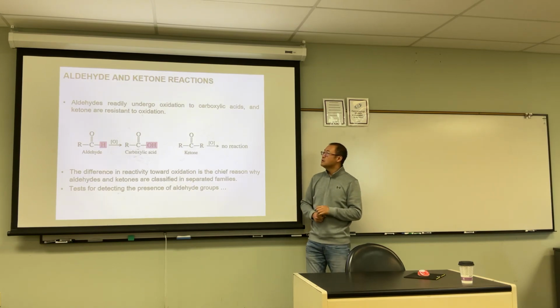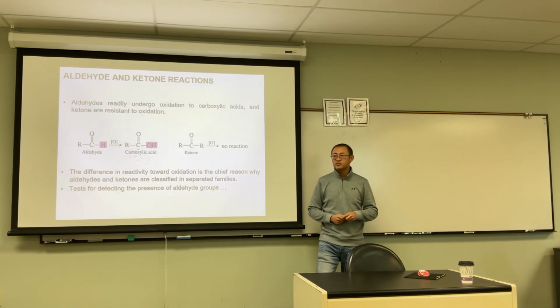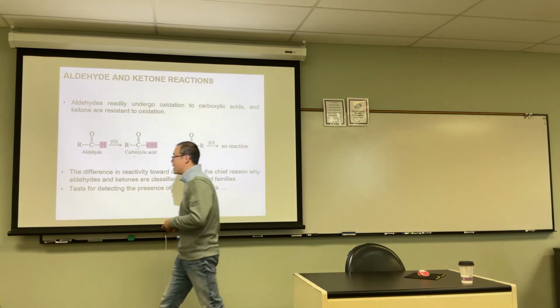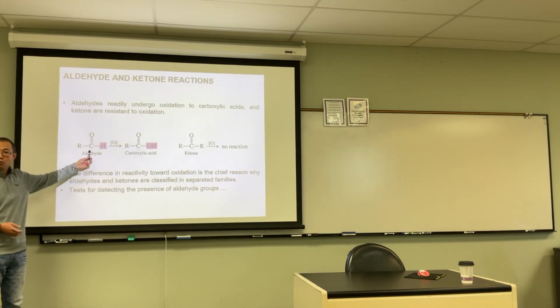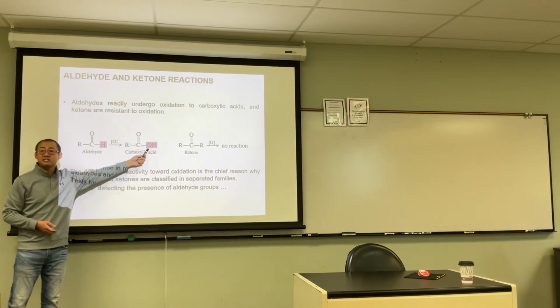Okay, so first, in this chapter, we studied the first reaction is the oxidation of aldehyde and ketones, which is the only reaction that distinguish these two types of carbonyl compounds. Okay, in oxidation, aldehyde will be oxidized to a carboxylic acid.